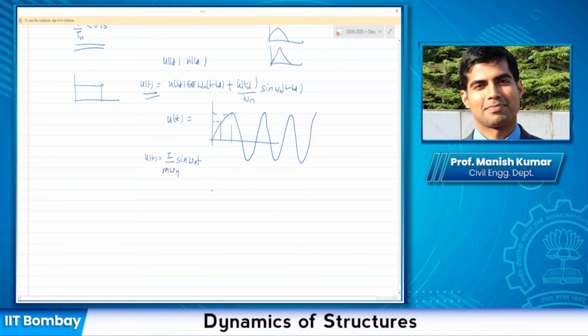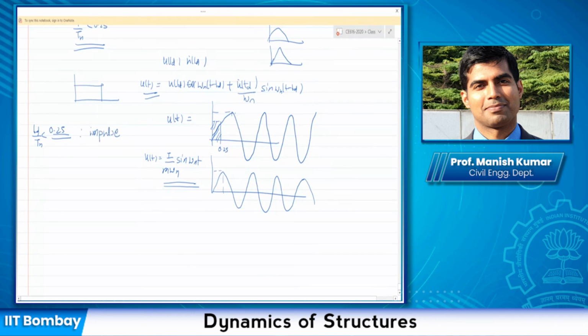What you will see is that when this pulse area is very small, or when Td by Tn is very small, like let's say 0.25, then this peak is approximately equal to the same peak that you derive through this expression. This is based on developing this equation of motion and comparing the response value. So 0.25 is a good approximation: if my Td by Tn is smaller than 0.25, I can represent this type of loading as an impulse.